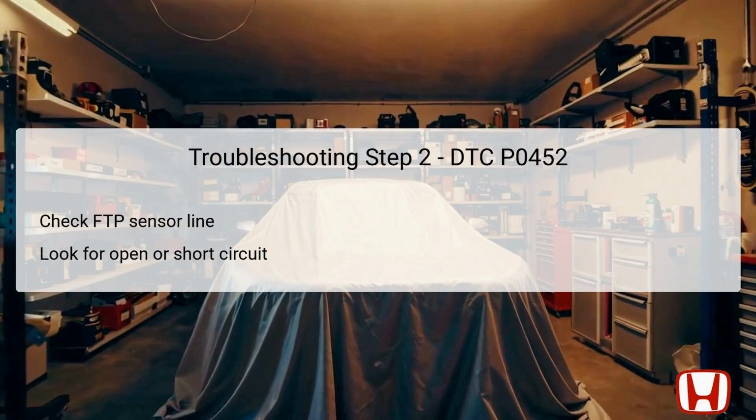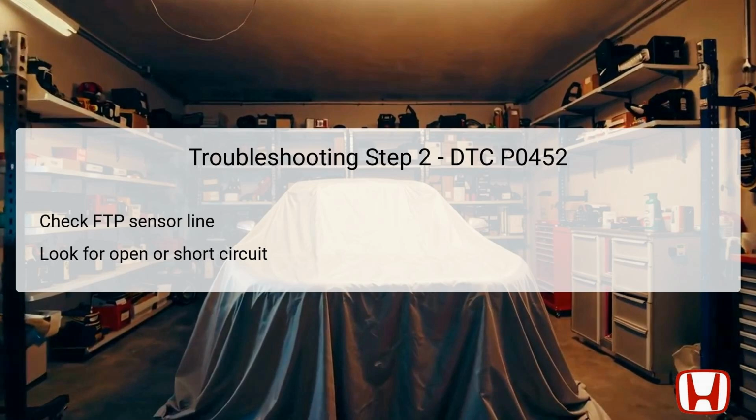After establishing the operating conditions, the next step involves inspecting the FTP sensor line for any signs of malfunction. Begin your examination by carefully checking for an open circuit. This involves looking for frayed wires, components that may have come loose, or signs of corrosion at the connectors.